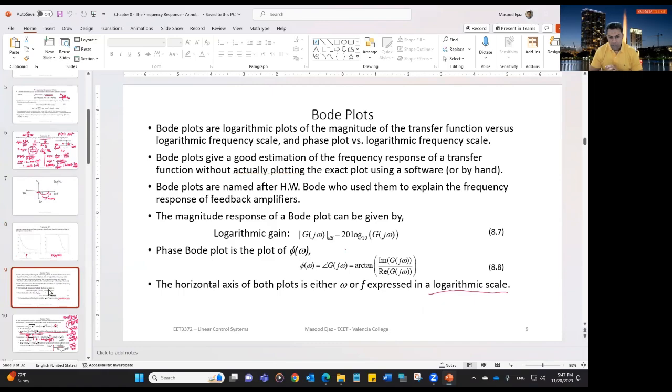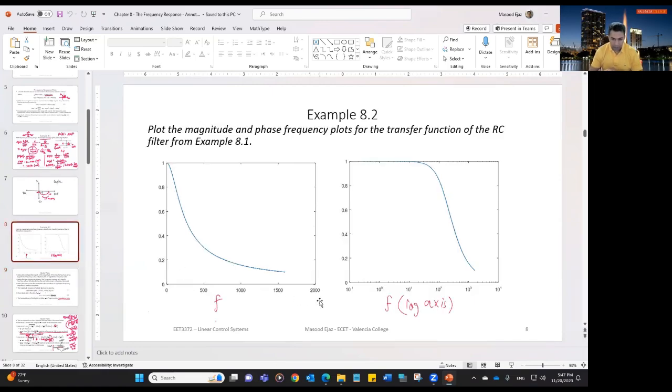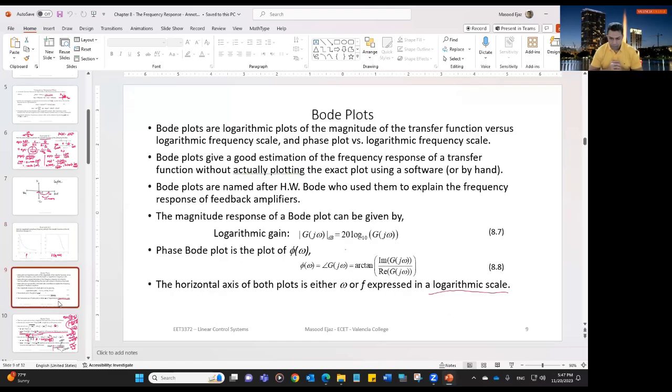Then we jumped on to Bode plots. So these are exact plots, as you can see, that you can plot using MATLAB or using any other resource. Bode plots are approximate plots. They are not exact plots.